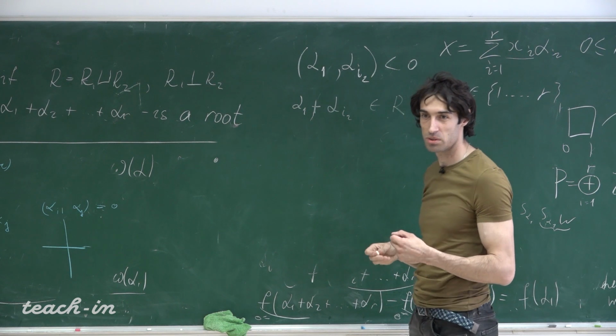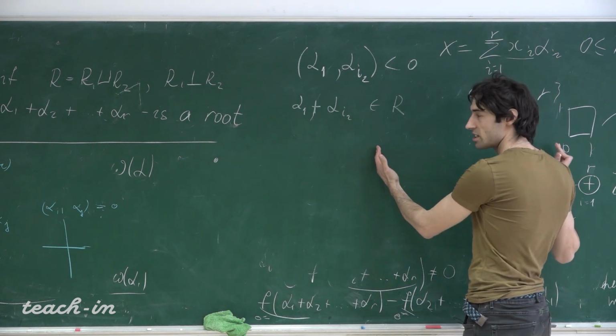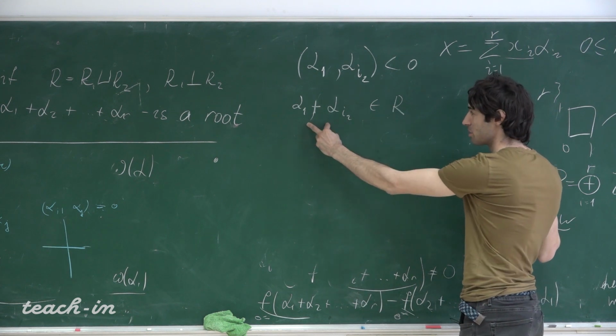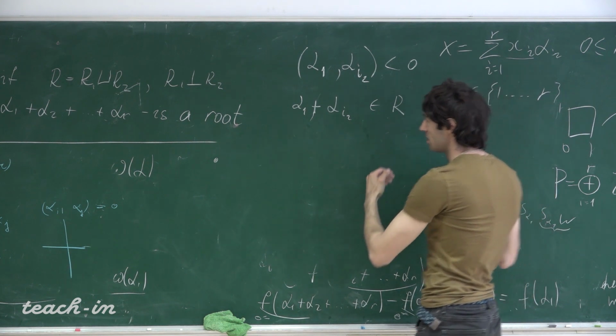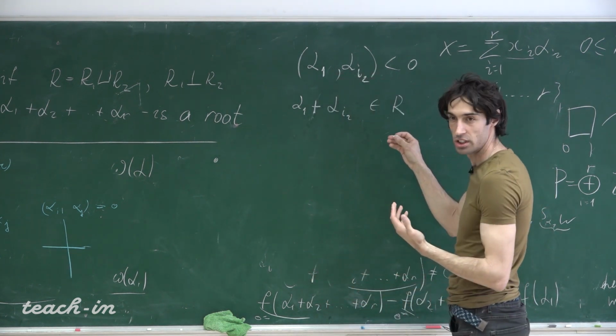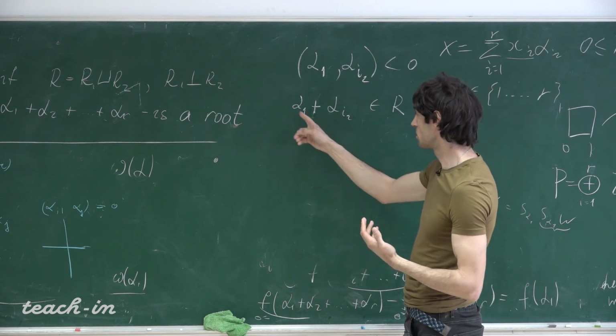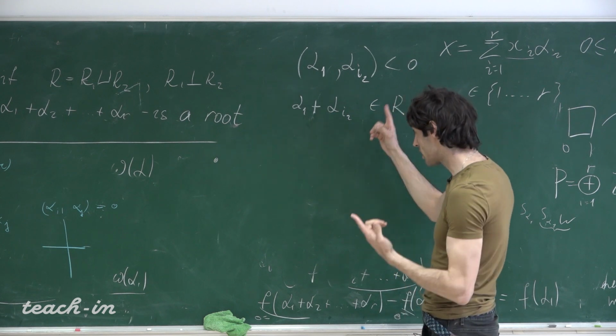But then you proceed, you say, okay, now let me consider the rest of the roots that I never used here. Then I need to find the next root, alpha I3, such that its inner product with alpha 1 is strictly less than 0, or with alpha I2 is strictly less than 0.